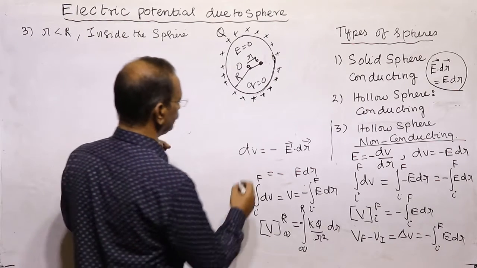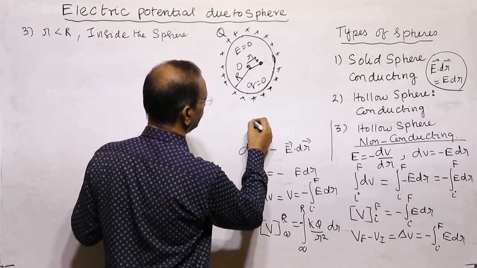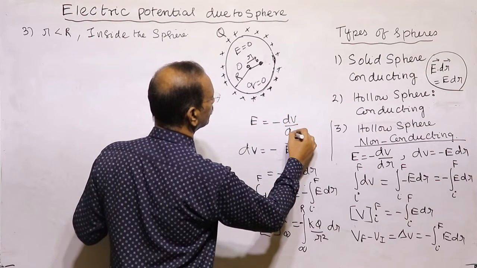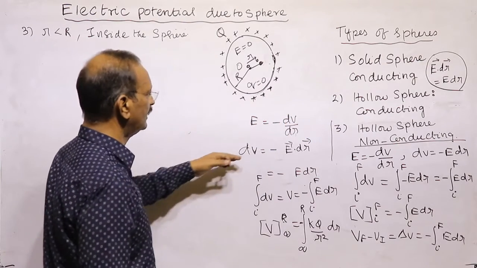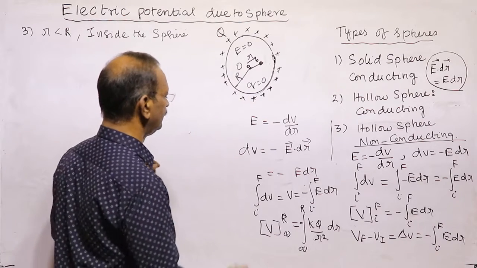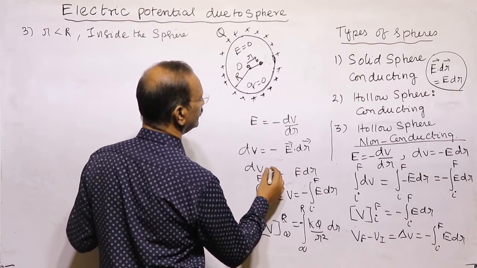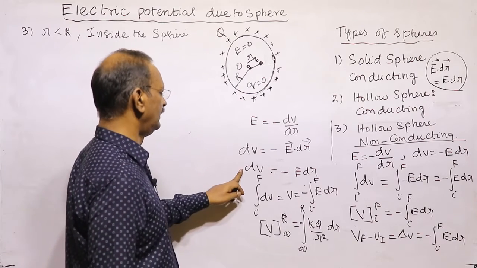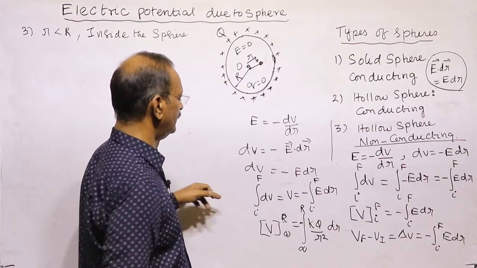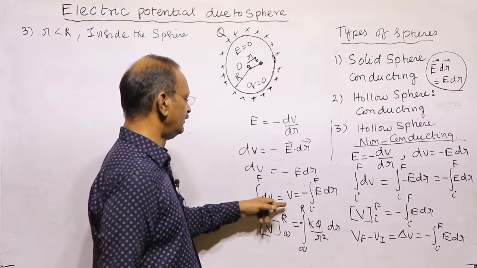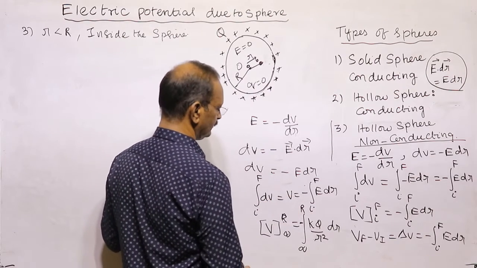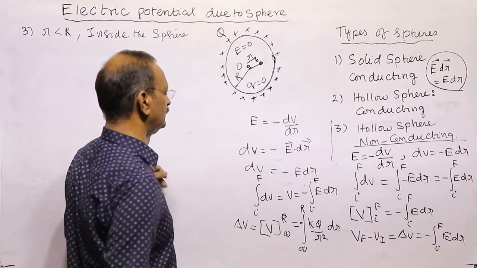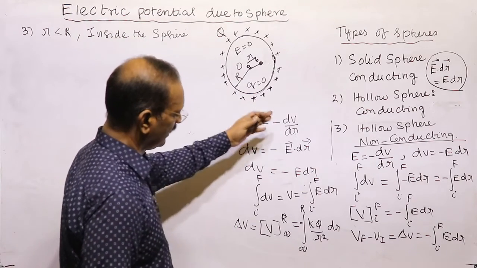As we know, E is equal to minus dV by dr. dV is equal to minus E into dr, and if we integrate, we get the change in potential, delta V. So we will follow the same procedure.